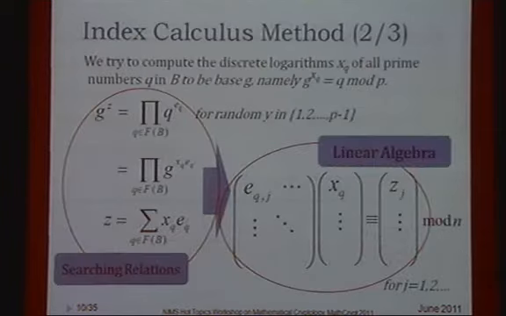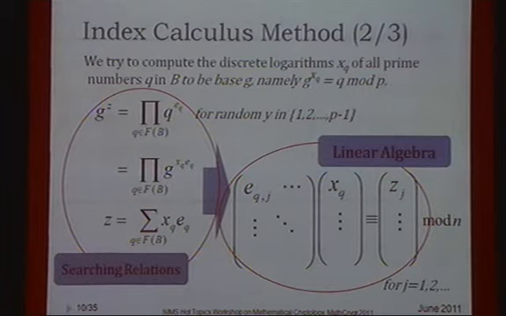Okay. Then how can we embed this relation into the linear algebra? It is explained in this slide. Instead of solving x itself, we try to solve the discrete logarithm for small prime numbers.